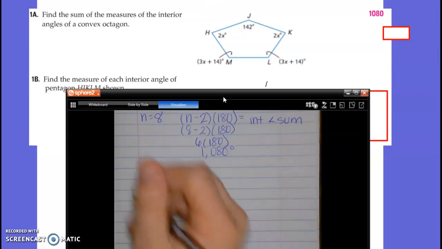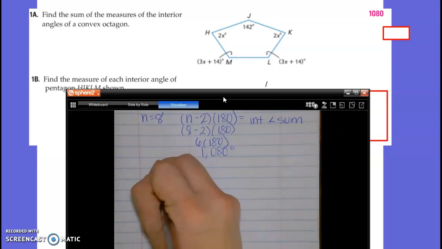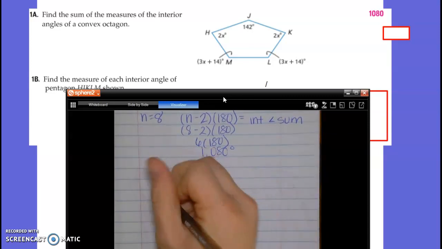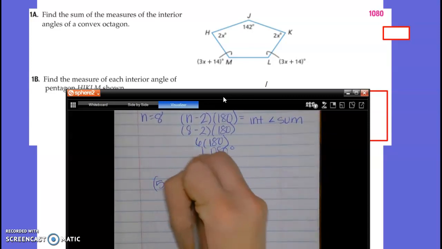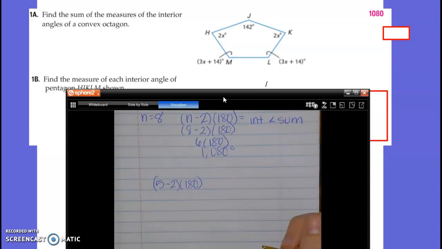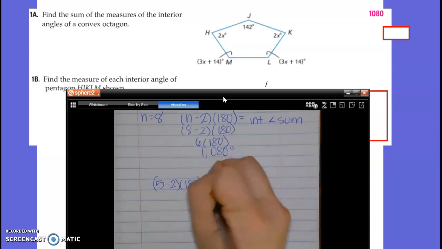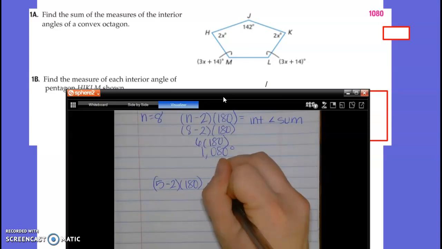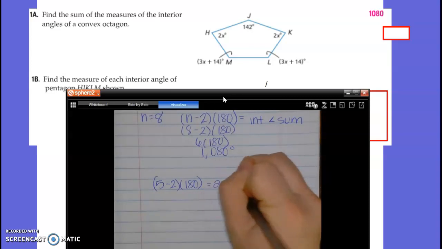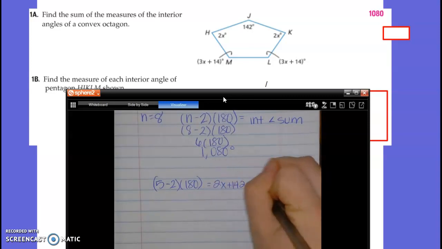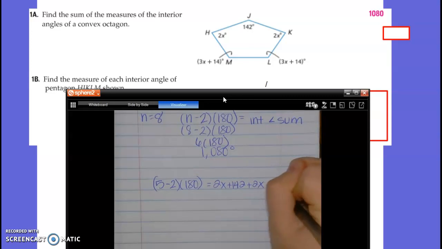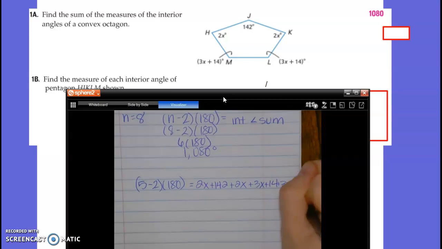I know that a pentagon has 5 sides, so that will get substituted in for n, subtracted by 2, and then multiplied by 180. That will give me the sum, and that will equal 2x combined with 142, combined with 2x, combined with 3x plus 14, combined with 3x plus 14.